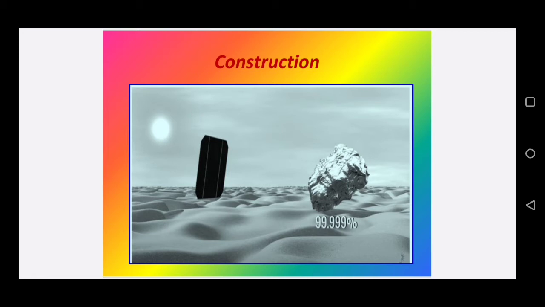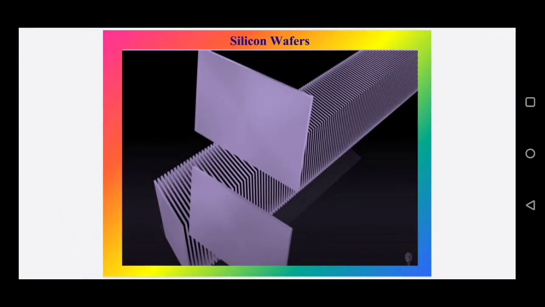This polycrystalline silicon is converted into very thin plates called silicon wafers. So first, the silicons are converted into silicon wafers.